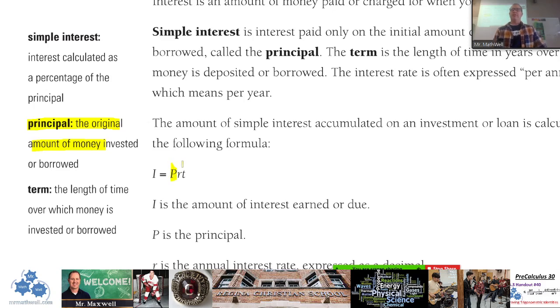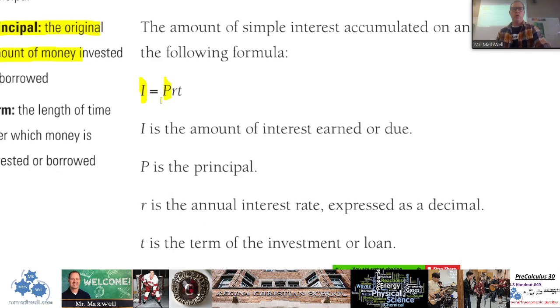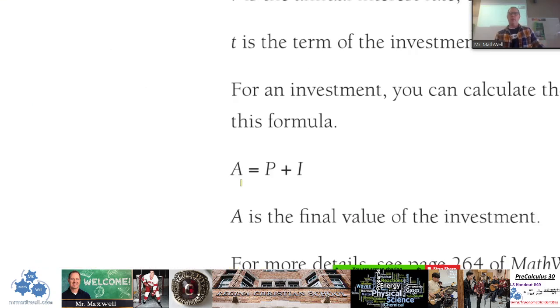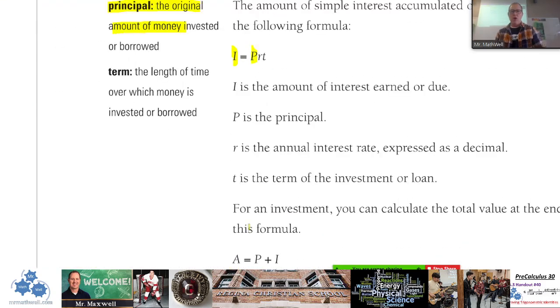If you're trying to find what the interest is, look at I, the amount of interest here. What you do is you take the principal and you multiply P times R. Whoa, what's R? R is the annual interest rate as a decimal. So let's say we have something like 3% interest, 3% per year. Well, then R is 0.03.